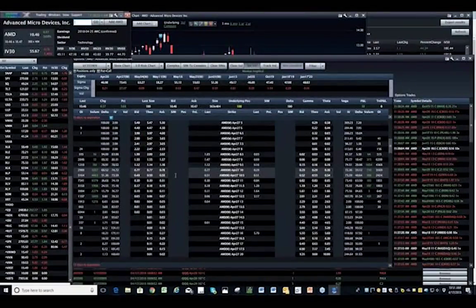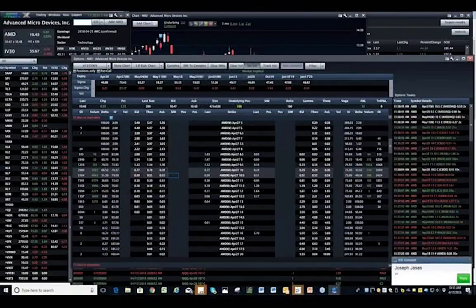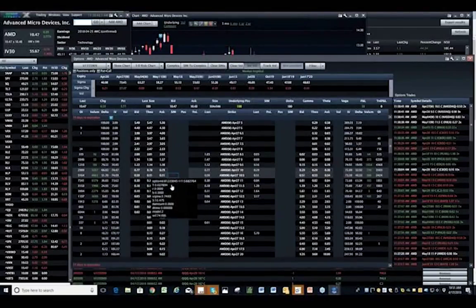So as I look, I'm seeing some wings that are really expensive, and a straddle that's pretty cheap. So I can buy the 10.5 straddle for about $1.